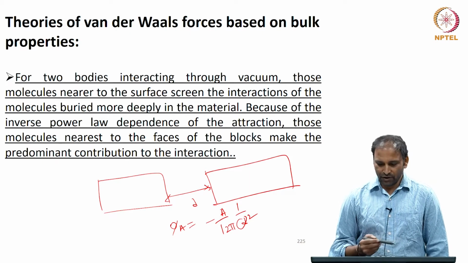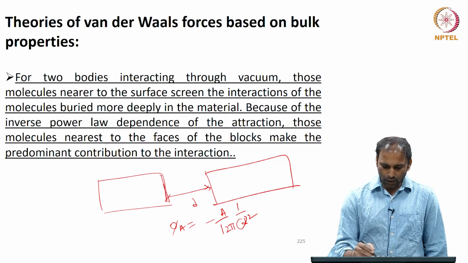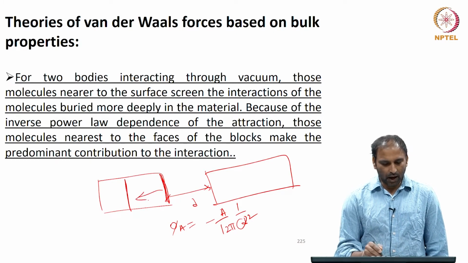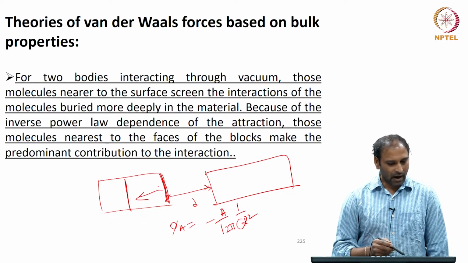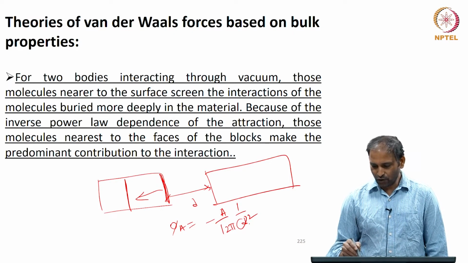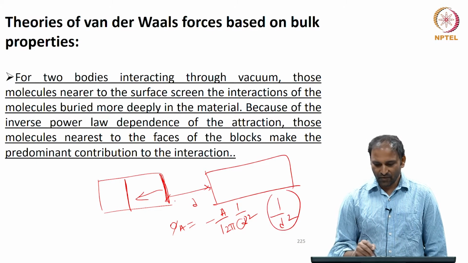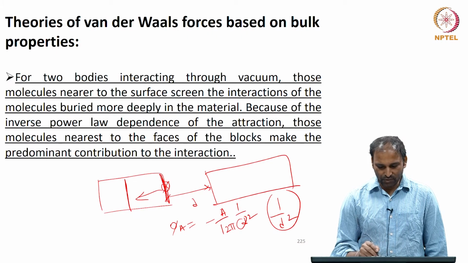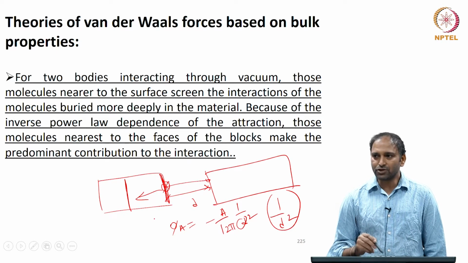However, if you look at these blocks itself, there are molecules that are close to the surface, and there are molecules which are buried underneath the surface. We know that in this case the interaction goes as 1 over d square. That means the molecules that are closer to the surface, if I look at the interaction with the molecules on the surface of the two, they will be stronger.